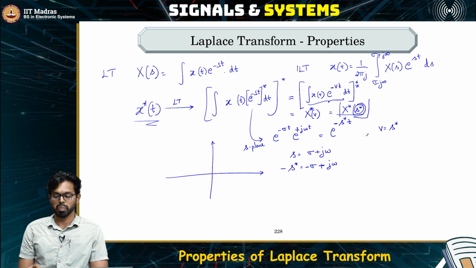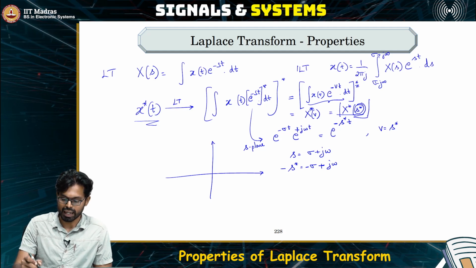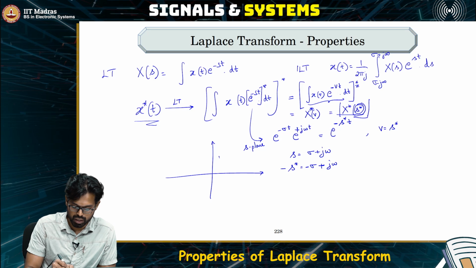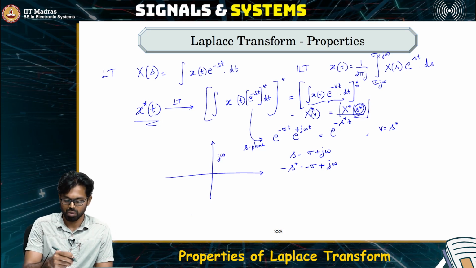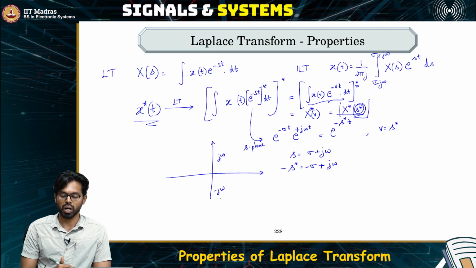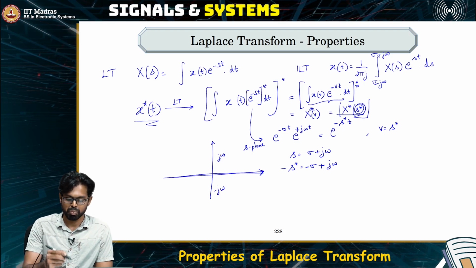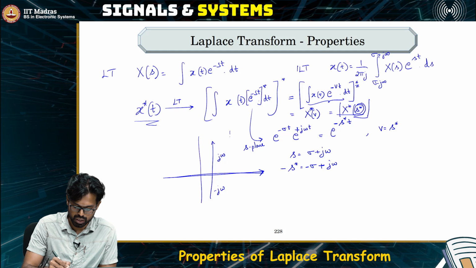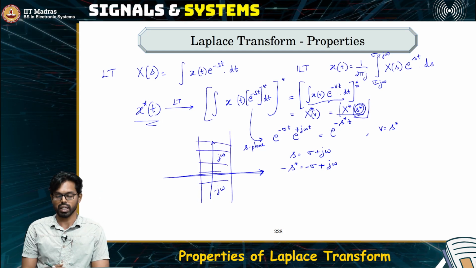Because the conjugation operation is not going to change the magnitude. So there is an s star, which means the negative values of omega come to the positive side, and the positive values of omega come to the negative side. So there is a flip about the x-axis.